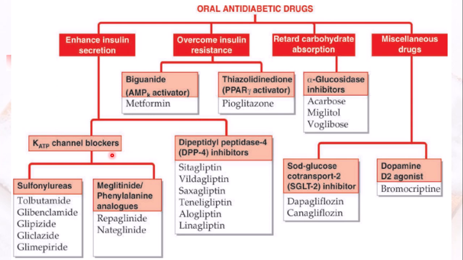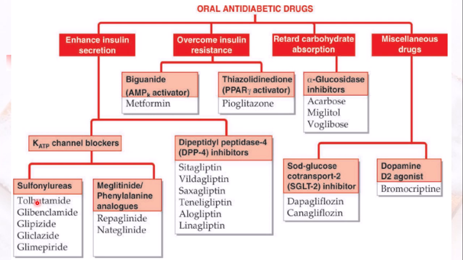These are known as the insulin secretagogues, and are divided into two: the sulfonylureas and the meglitinides, right? So the only insulin secretagogues are the sulfonylureas and meglitinides, though they can include the dipeptidyl peptidase 4 inhibitors, but the main ones are the sulfonylureas and the meglitinides.